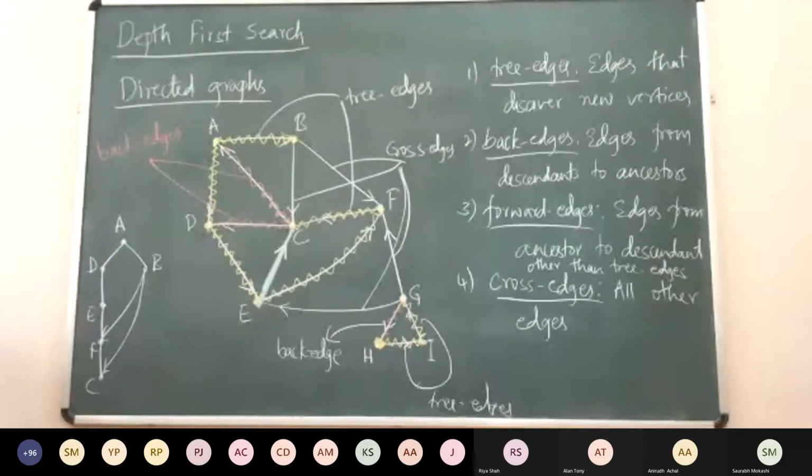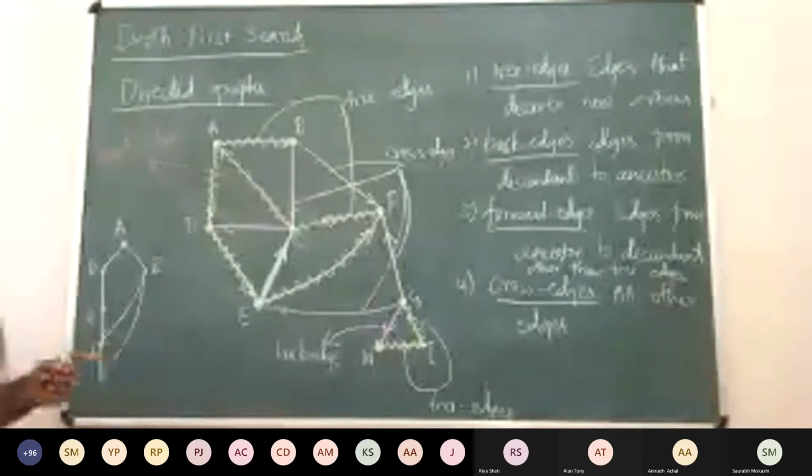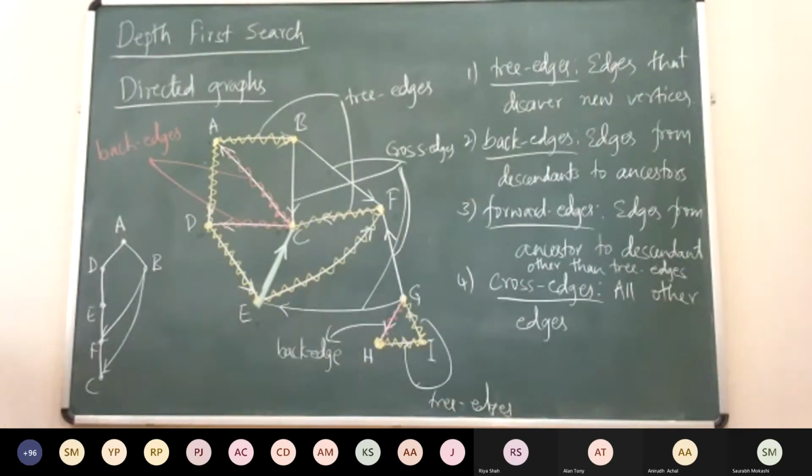But it is not connected with respect to the directed sense, right? When we say connected in directed, we call something as strongly connected. So when we say strongly connected, for any two vertices u and v, there should be a path from u to v as well as a path from v to u, right? Only then we call a graph strongly connected. Okay, we will come to that in the next class.